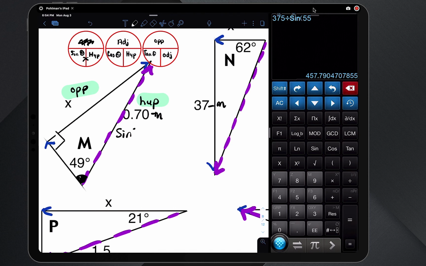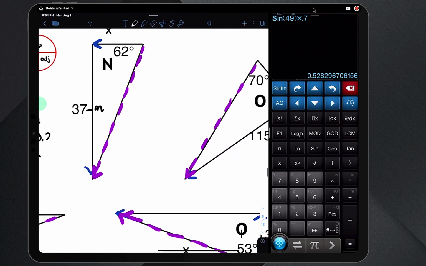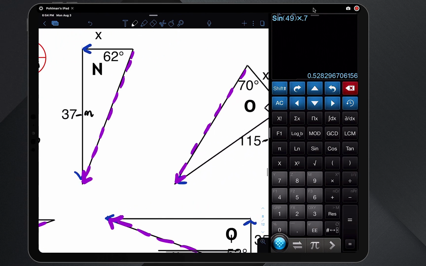So I'll have sine 49 times 0.7, sine 49, close that, times 0.7 equals, our value would be 0.53 for that. We'll leave the angle off since we don't have it being a true north, south, east, or west. We go to letter N.